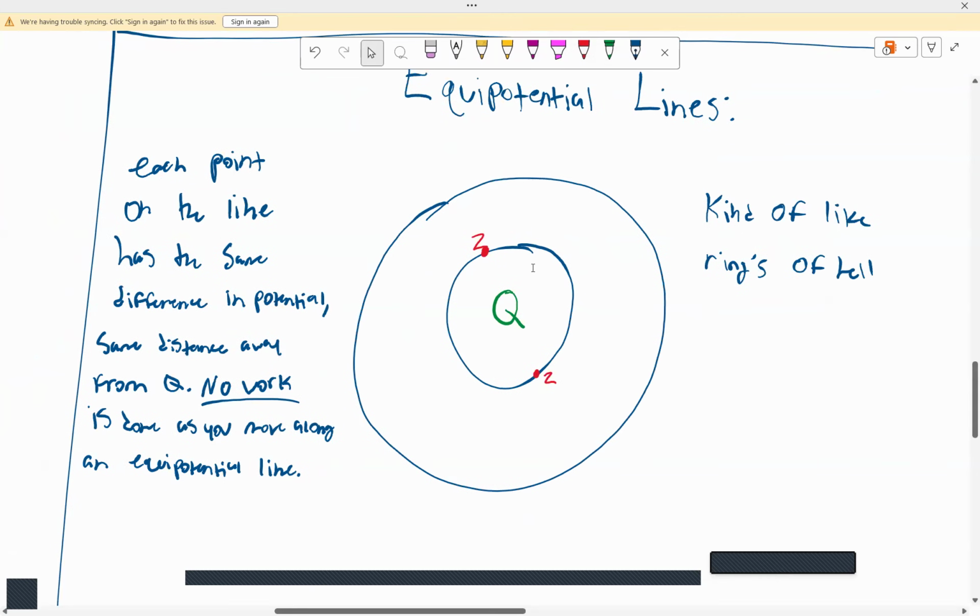No work is done as you move along an equipotential line because you're just going around. It's the same radius, the same difference of potential, so nothing is changing.